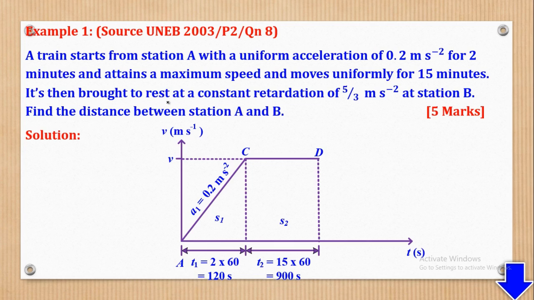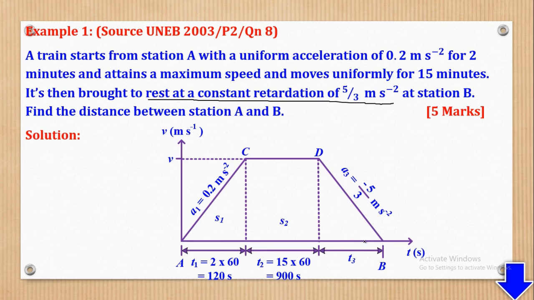Lastly, they said it is brought to rest at a constant retardation of 5/3 meters per second squared. So retardation will be that, from the maximum velocity to 0. So this is 0, because it was brought to rest. So this is the retardation.